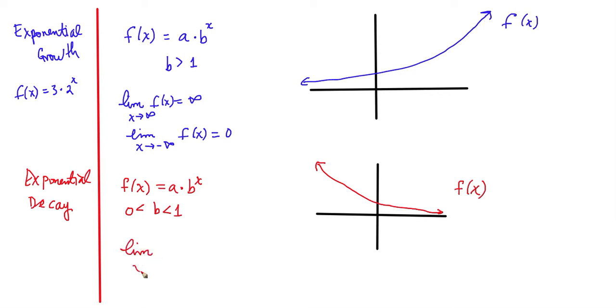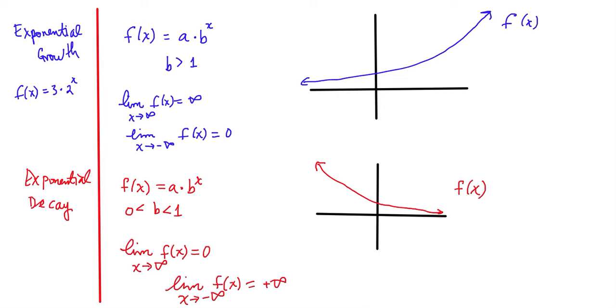So we can define it this way. As x goes towards infinity, f of x will level off at 0. And as x goes towards negative infinity, f of x will continue to increase towards positive infinity.